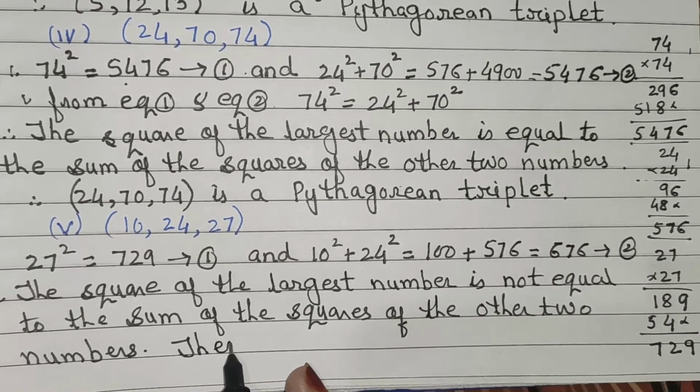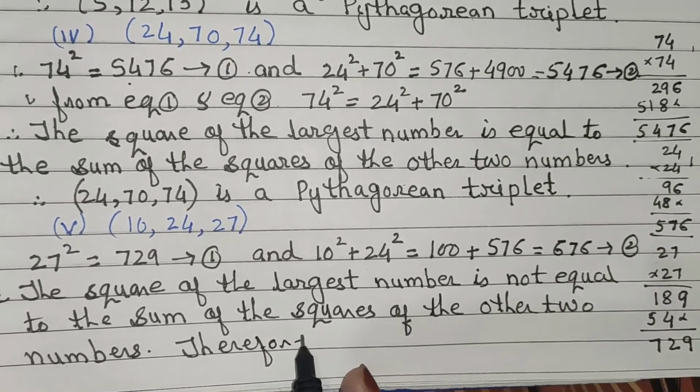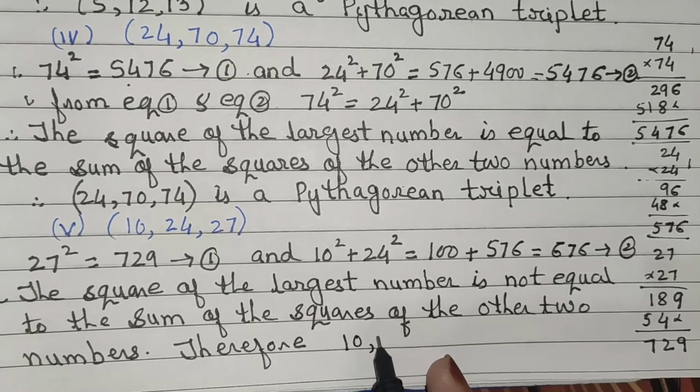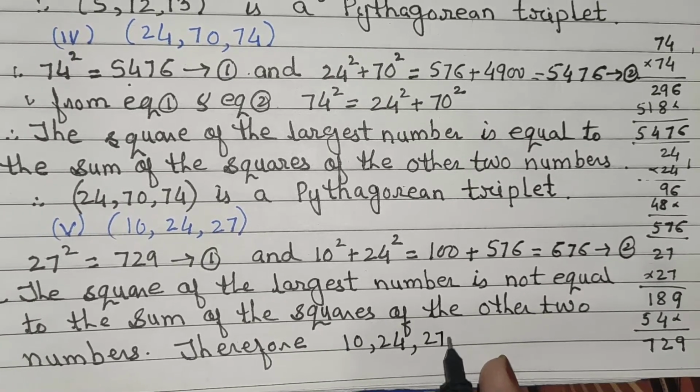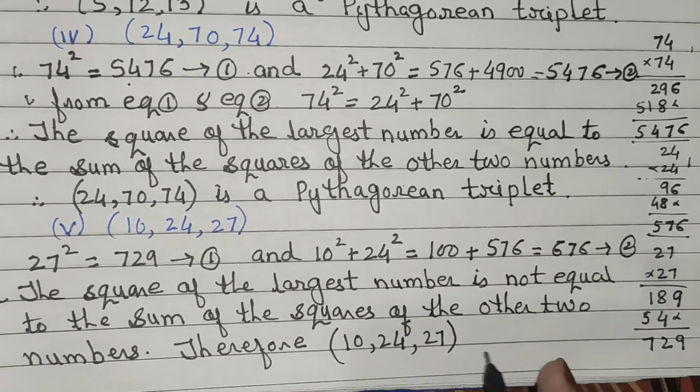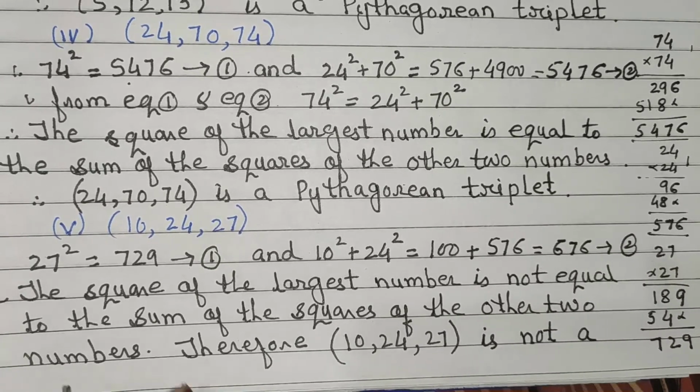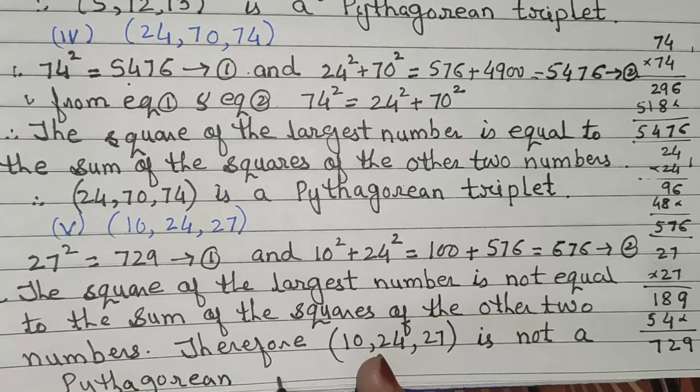Therefore, 10, 24, 27 is not a Pythagorean triplet.